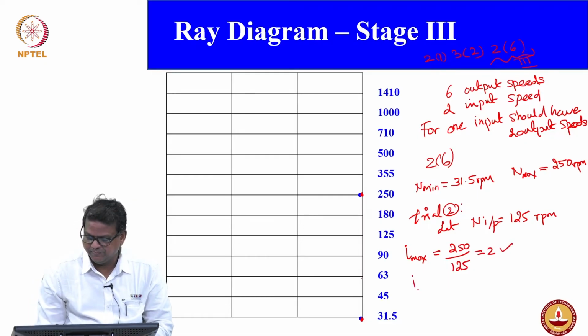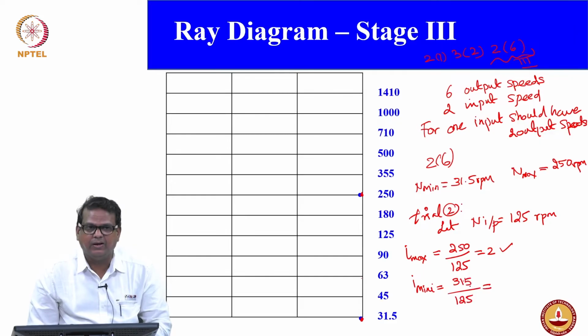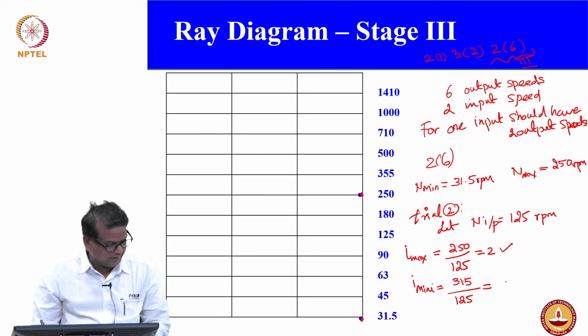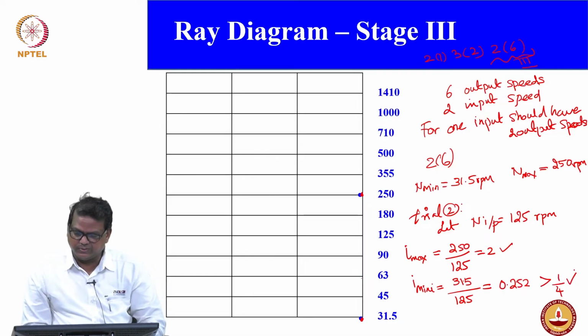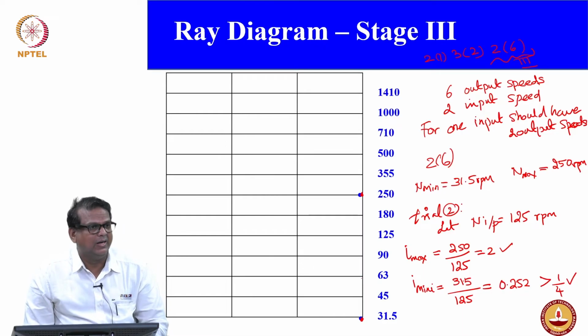For I minimum, the ratio 31.5 divided by 125 should be greater than or equal to 1/4. I am getting 0.252, which is greater than 1/4. So, can we choose 125 as the input speed? Okay, we can choose. Yeah.